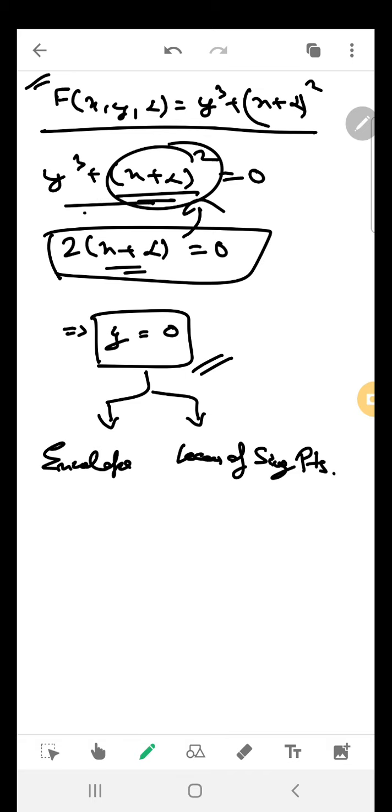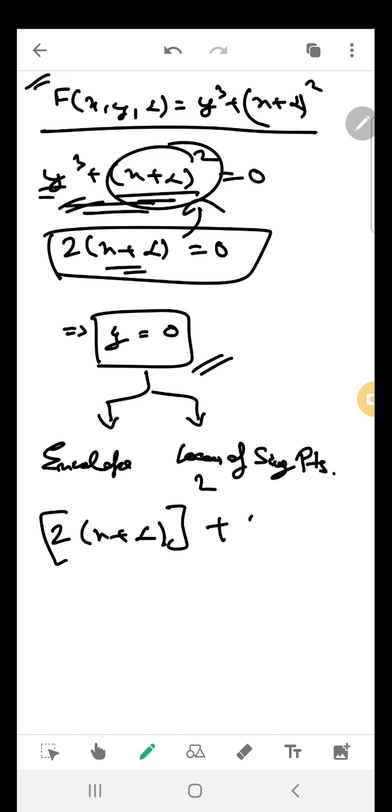If you differentiate this with respect to x, what do you get? This becomes 0, this becomes 0. Here you get 2 times (x plus alpha), its square, plus 3y square.